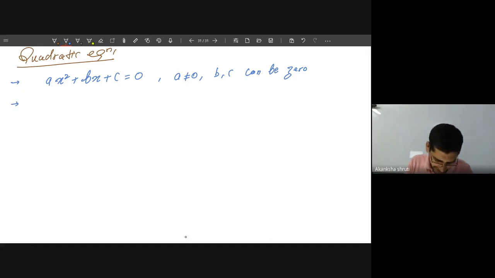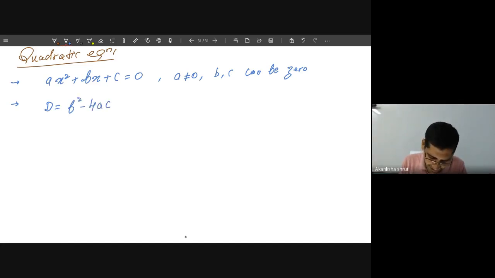Another thing, how to solve this? For the solution, we have learned the factorization method. After that, we have learned the quadratic formula, so that x is calculated by applying the quadratic formula. But for applying that formula, we first have to calculate the discriminant called d, which is b square minus 4ac.